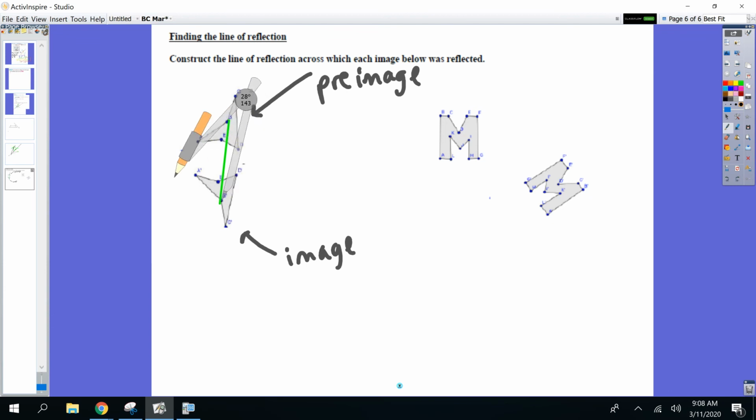Remember how to do this one. The fish. Open up your compass more than half the length of your segment. Make a decent size arc. Keep the compass opening the same and travel over the other endpoint of your segment.